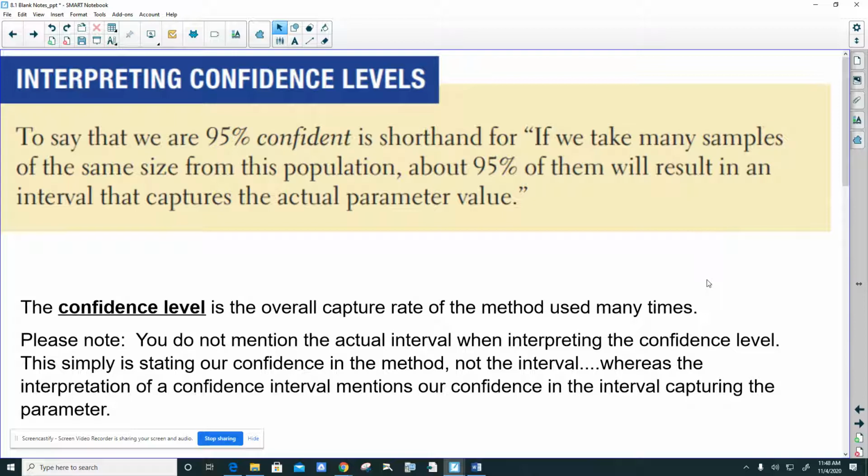Interpreting a confidence level is different than interpreting a confidence interval. So I'm going to go ahead and just draw your attention here to a difference when you're interpreting this.